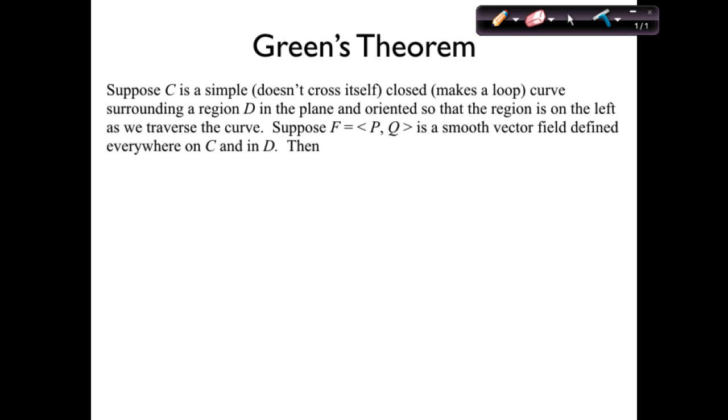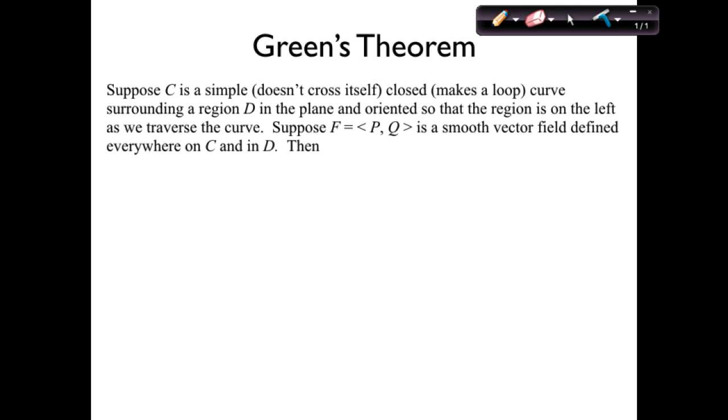Suppose that C is a simple closed curve. Simple means it never crosses itself. Closed means it makes a loop, like circulation. So if C is a circulation loop, and it surrounds a region D in the plane, oriented so that the region is on the left as we traverse the curve.